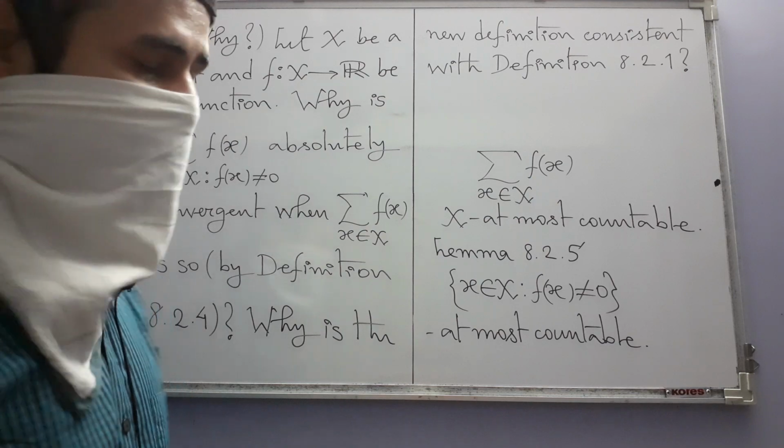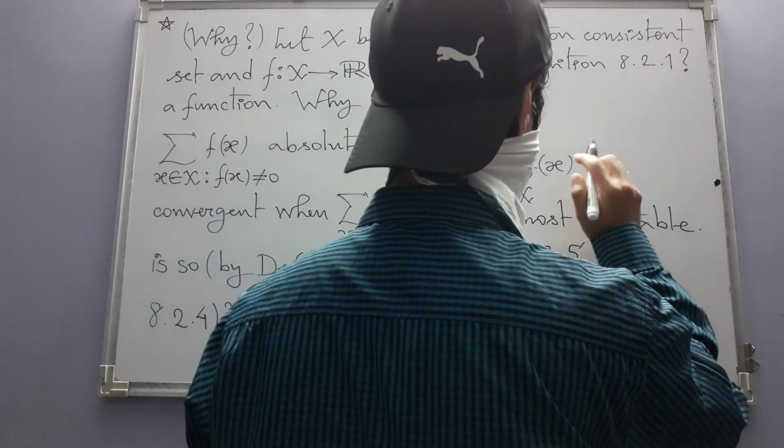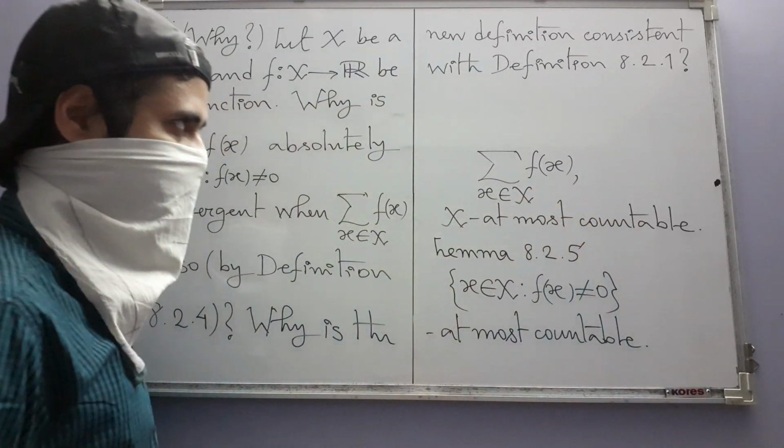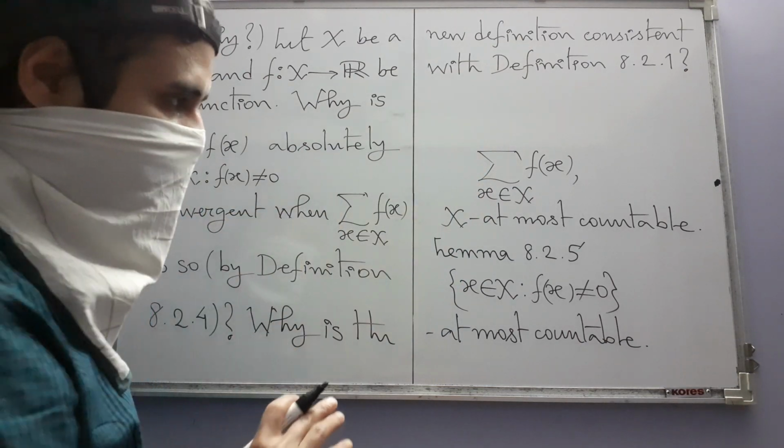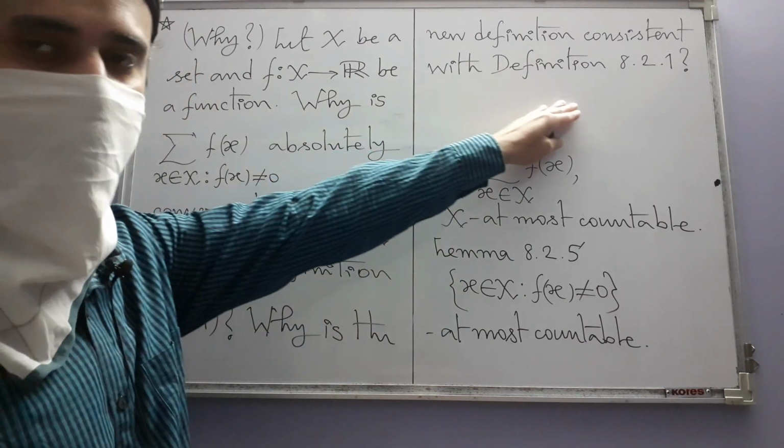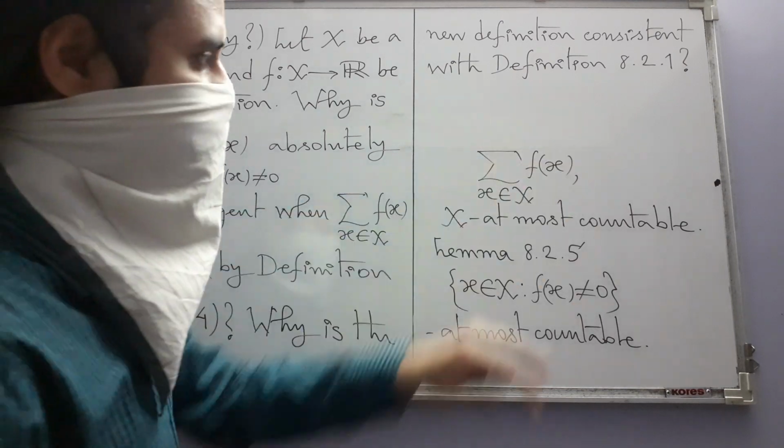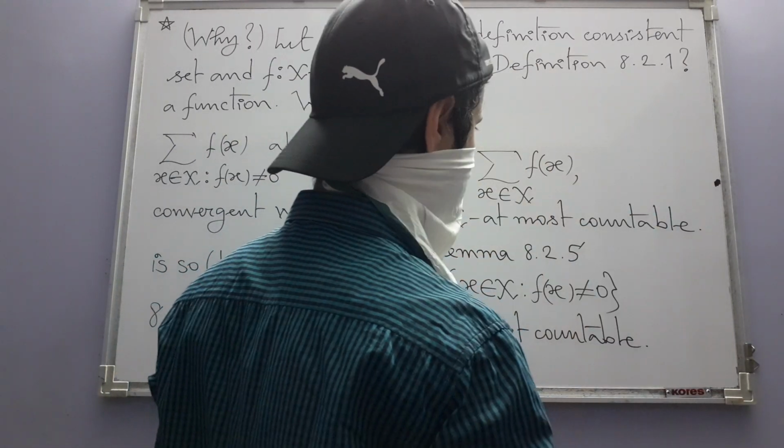And what is that value? That value is just this, because this is absolutely convergent by this definition, but right now we are looking at the consequence of this definition. So what does this definition say?